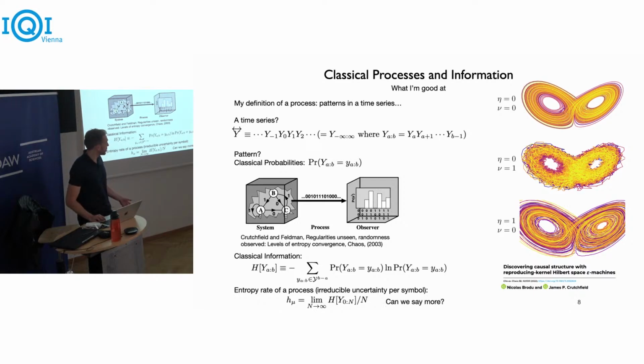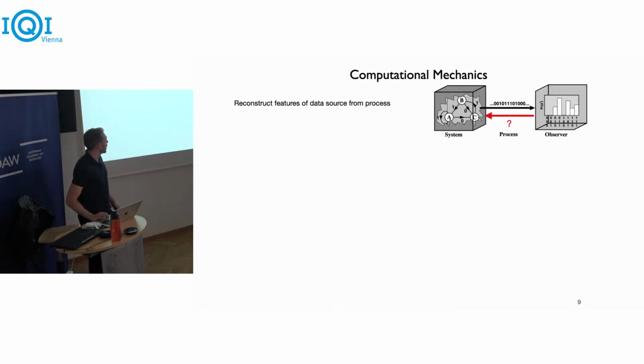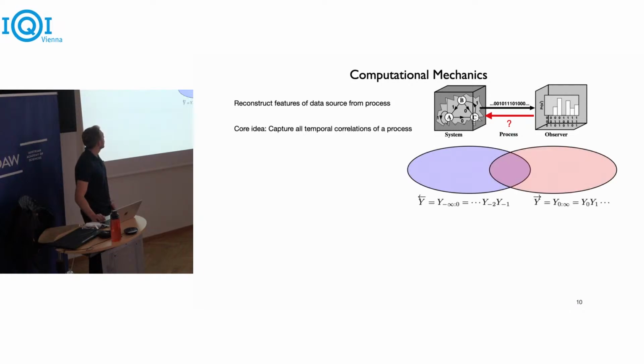So this is sort of a first cut of analyzing these sorts of systems with information theory. But we can say much more with computational mechanics, in which we have this inverse process where we look at statistics and we're trying to reconstruct what could be going on in the black box that's generating the time series. And for this, the core idea is really to capture the temporal correlations in the process.